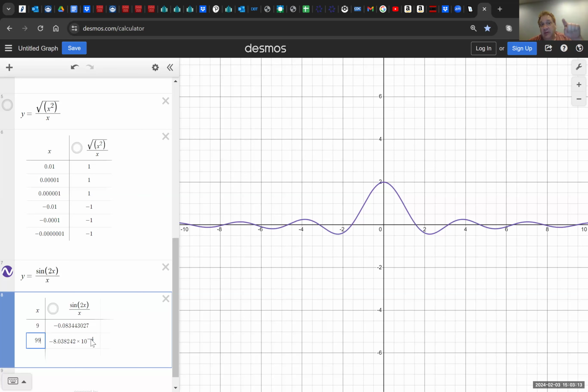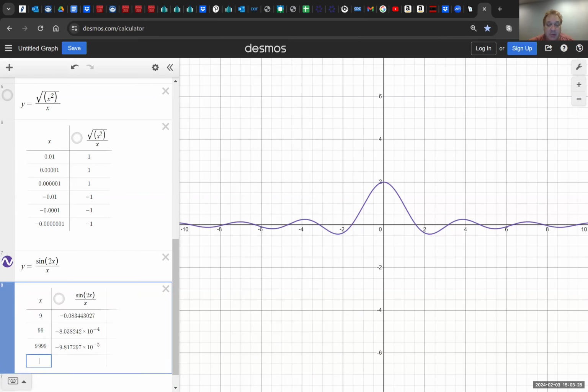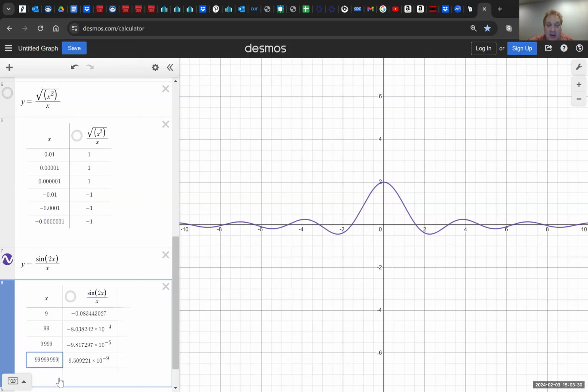So you'd have to move the decimal 4 places, so that would be 0.0008. And if I choose a bigger number, then I have 0.00009. And I could choose a bigger number, and that would be 9 zeros total, and then 9509.